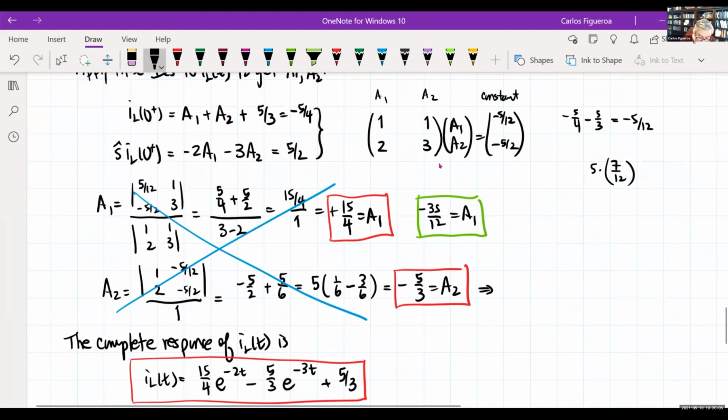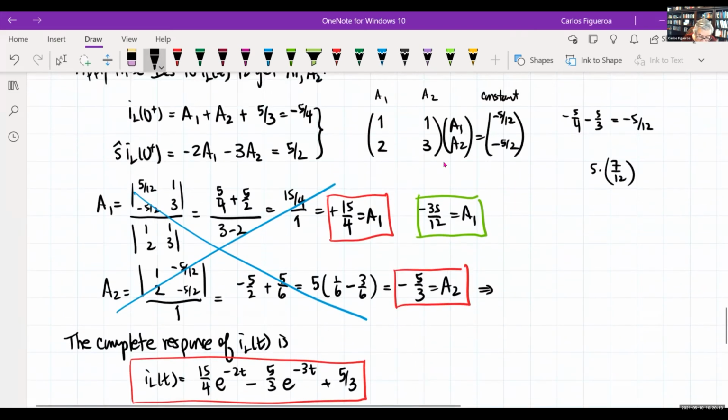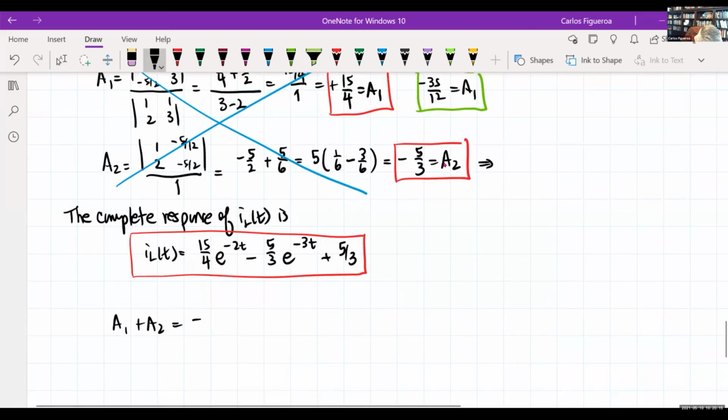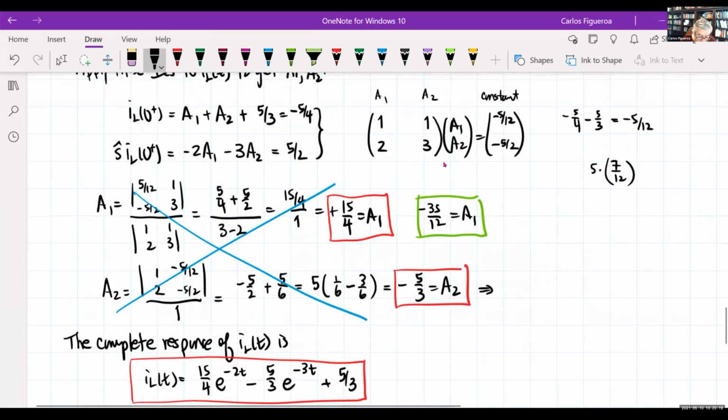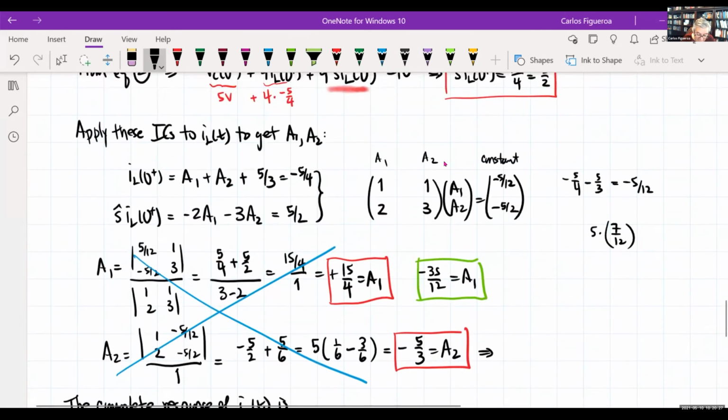So then when I look at my equations here, I should have A1 plus A2, and this guy should be minus 35/12. And then if I look at this next one, I should have minus 2A1 minus 3A2. And then this guy has to be 5/2.